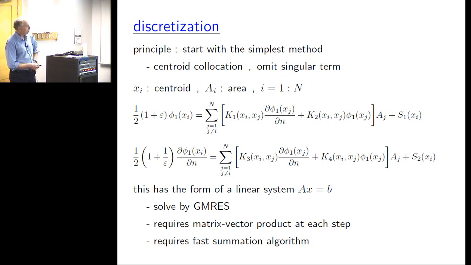At each step, you're taking this matrix, whose elements you see here, and multiplying by a current iterate of the potential and its normal derivative. And that's expensive. The expense of computing these sums was one of the drawbacks to using boundary integral methods. And so it requires some kind of fast summation algorithm. That's what I'll tell you about.